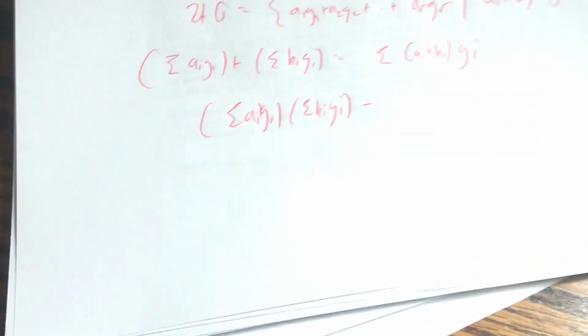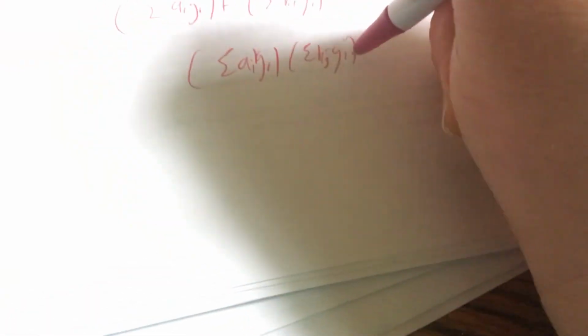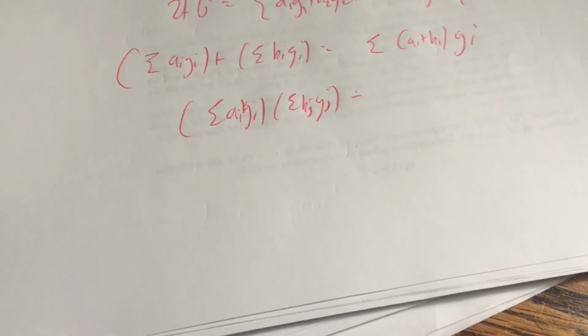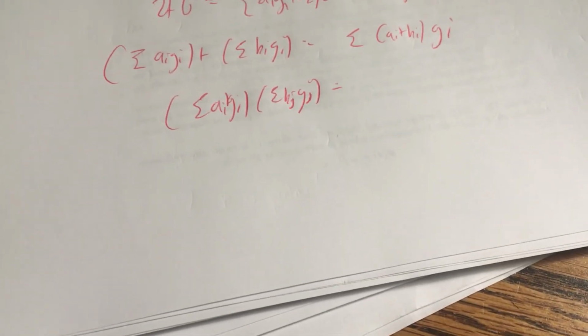Okay, and the product, the sum of ai gi times the sum of bj gj, I'm going to just formally multiply gi times gj.